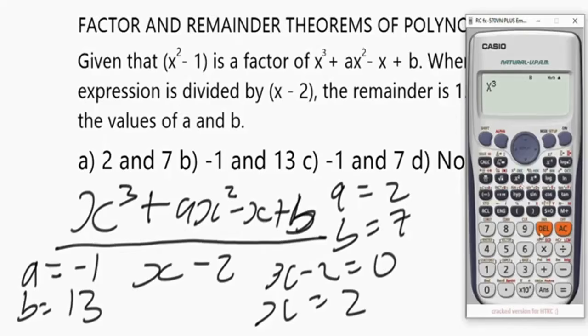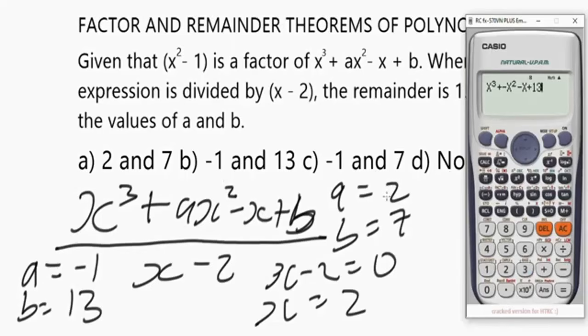Then we have plus, but this time our a is -1, so we're going to have minus x squared, then we have minus x, and plus 13. So that's what we have there.